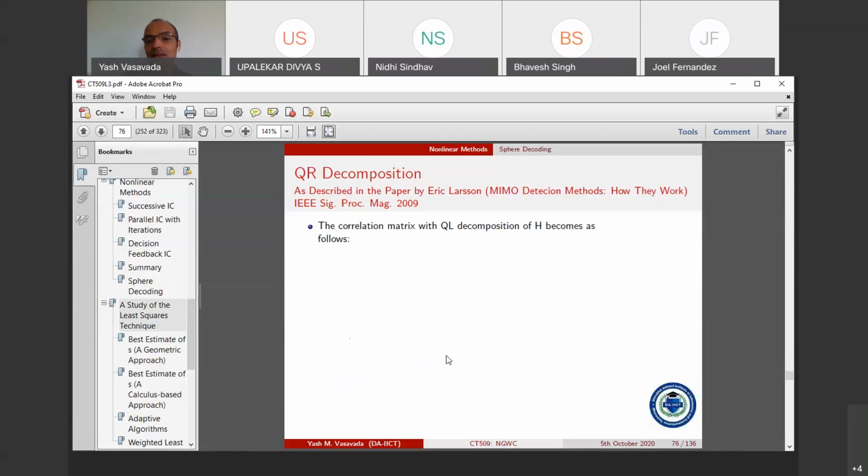So with H represented as Q times L, the correlation matrix R becomes nothing but L transpose L, because we have just now said that Q transpose Q is identity.